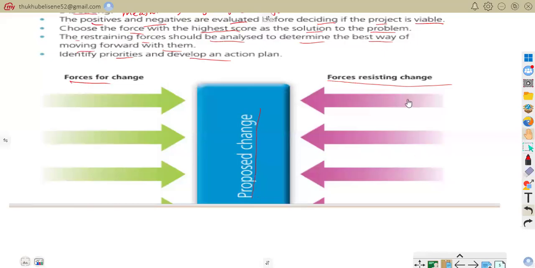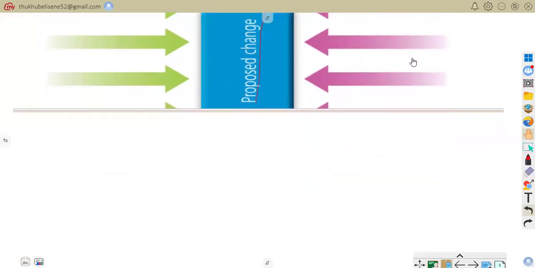So what is important now is the final tip for exams. You know, the final tip for exams is very important.